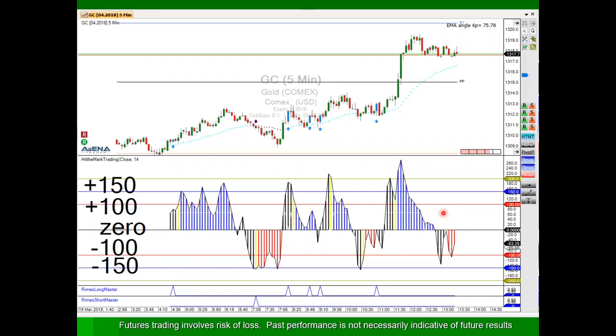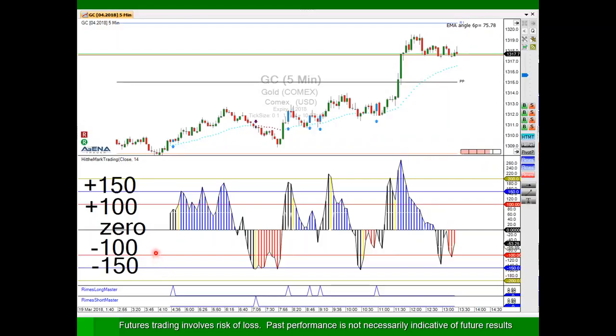So the chart here, all I want to show you, and I want you to focus your eyes on, is the histogram. We have a zero line. This is major support and resistance. We have the 100 line in red and minus 100 line. This is a form of minor support and resistance. We have 150 and minus 150. Another form of minor support and resistance.